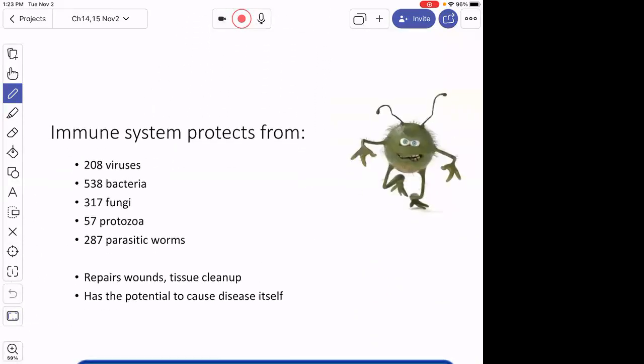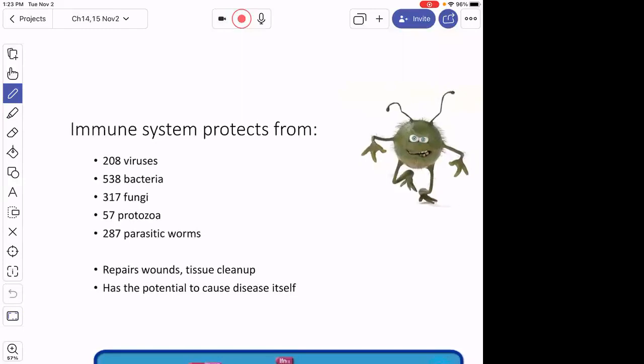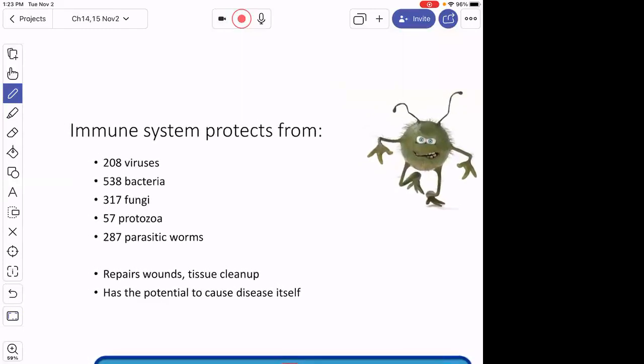So just by way of an introduction to both chapter 15 and 16, why do we need an immune system? Well, it protects us, according to the CDC, from a wide range of pathogens and parasites and parasitic worms. So thank goodness for our immune system.